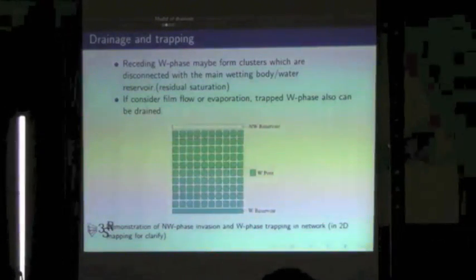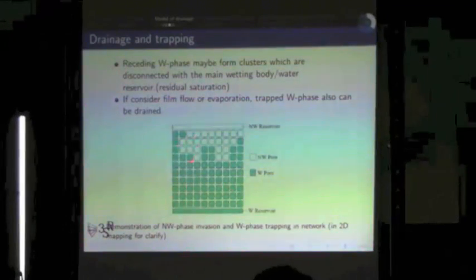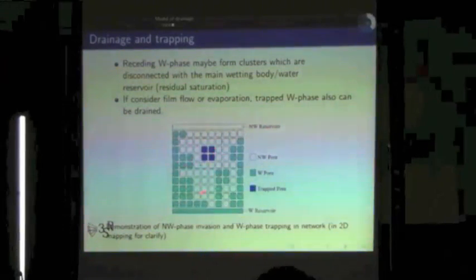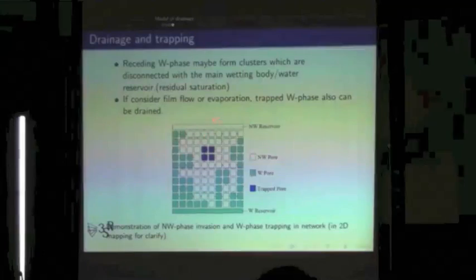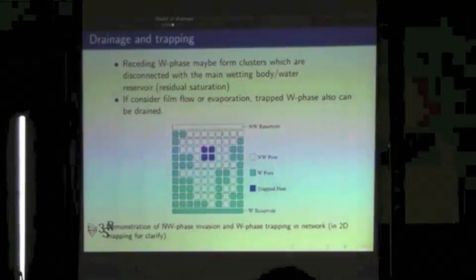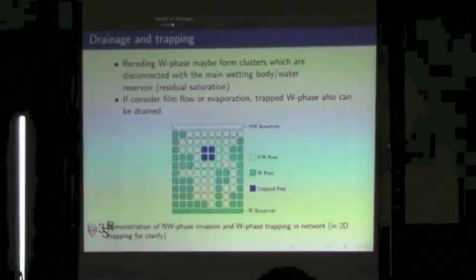So we increase PC and the drainage starts from the top and keeps going. More and more pores are invaded, but some pores may be disconnected from the wetting reservoir. So those are disconnected.